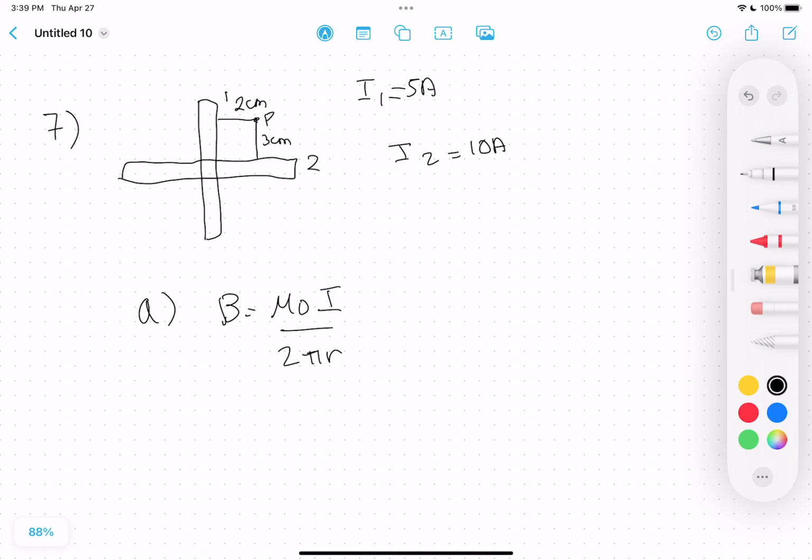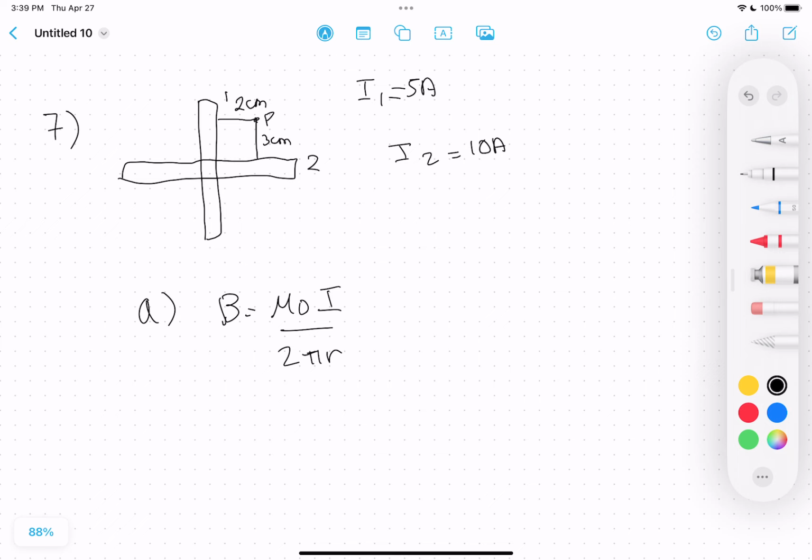What would be our r? Our r is the distance from that wire to the specific point that we're looking at, in this case point P. Technically it's the radius, how they define it, the distance from that wire to that point. So from the wire to point P, it's 2 centimeters relative to wire 1.